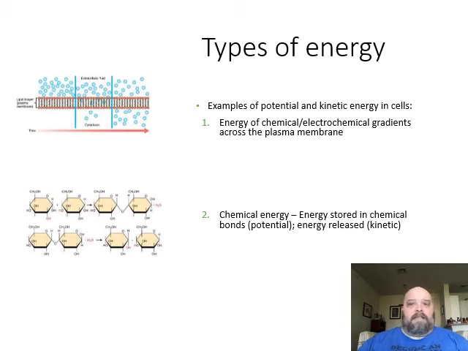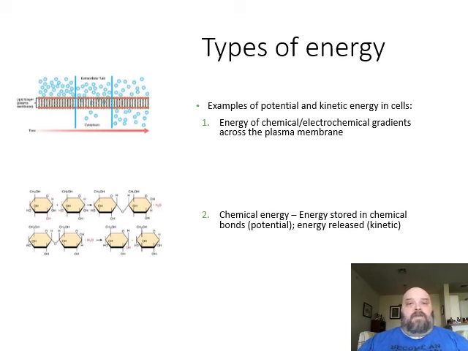Kind of like in the last slide, all that water behind the dam. It's held there, a concentration of water on one side versus the other side. As the water flows through the dam, that's kinetic energy. We're going to see the same thing in this chapter and the next.